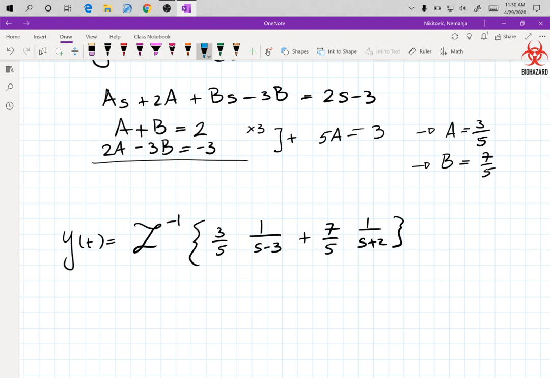If you look at the inverse Laplace chart, you find that 1 over s minus a transforms into e to the at. That's the front of the book.